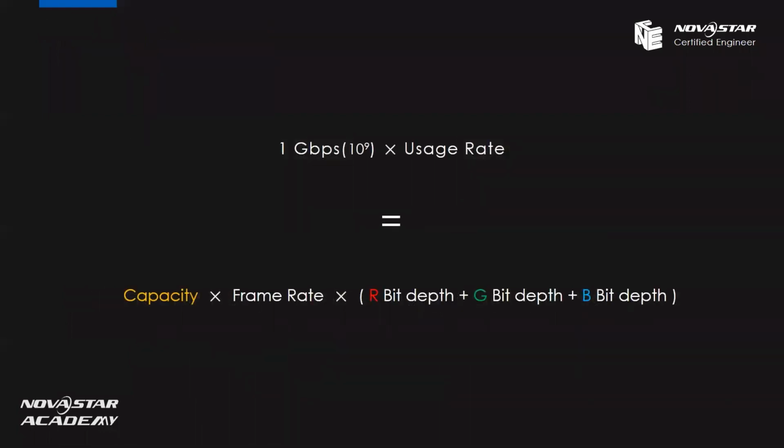But here I have a question for you. Why is the loading capacity for each output port 650,000 pixels? Actually, there is a formula. Here we can see 1 gigabit is the bandwidth of each Ethernet cable, and 93.6% is the average we can use.